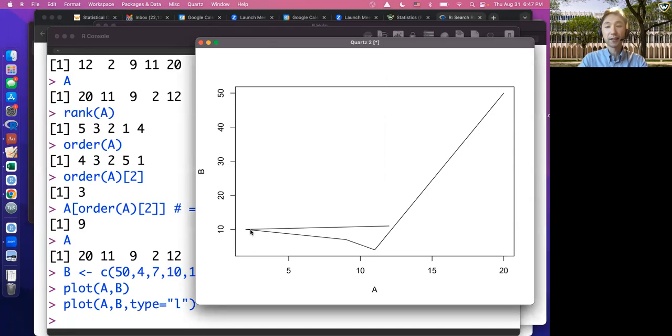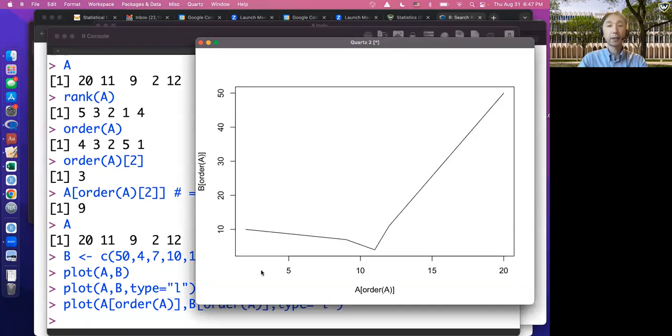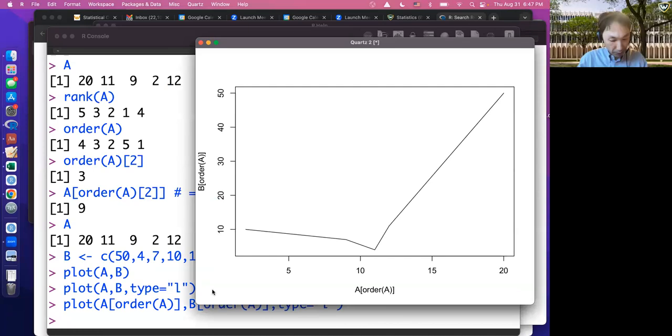Usually you want to connect these observations in increasing order of A, right? So if we want to make the line graph, you can put this, then you can make a line graph. For example, order of A can be used for this purpose. Gotcha, thank you. Yeah, it's a very good question.